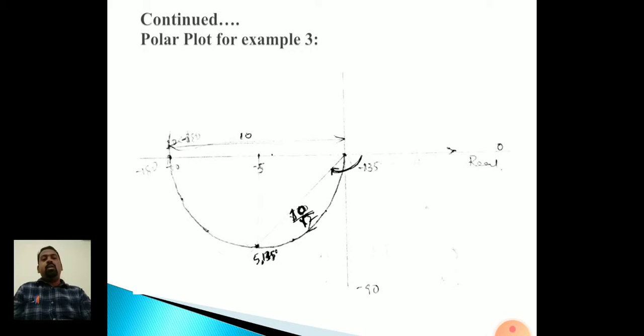So as we see, the angles that are shown, negative angles are minus 90, minus 180, minus 270 and 0 like that. So hence the starting point is, as omega tends to 0, M omega is 10 unit, this point.